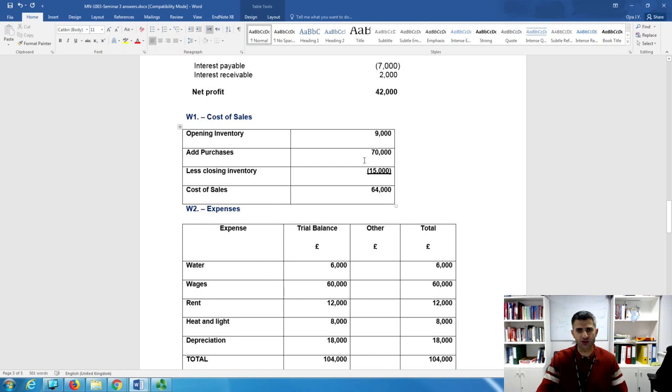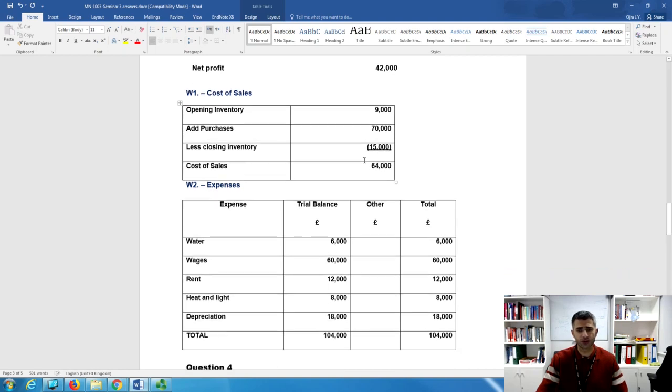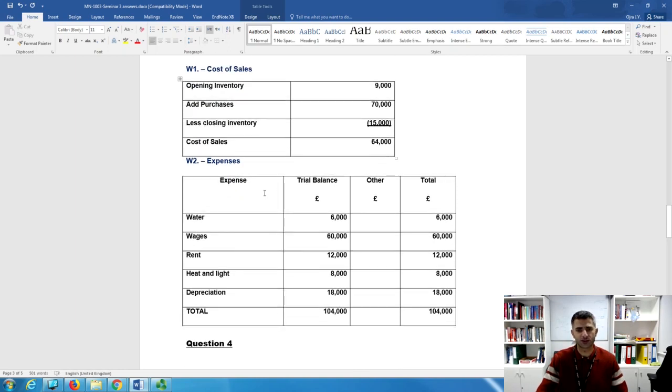Good job. Now let's jump to working two, where you need to include all the distribution and admin expenses in the question. This is why you need to do this table. These figures come from the trial balance in the question. The other column, just leave it. We will fill it later, not this week, next week. So you need to list all the expenses in the question.